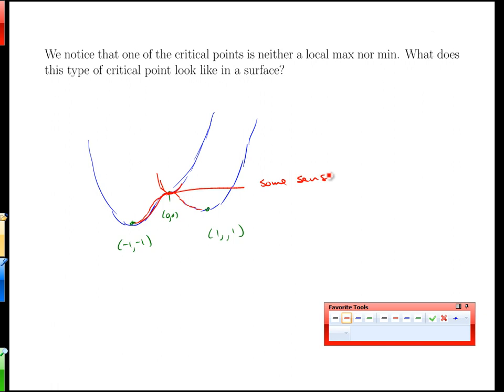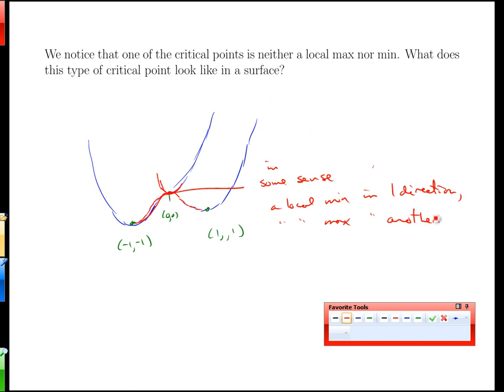I'm going to make this more precise later on, and let's talk about directions here. A local min in one direction and a local max in another.